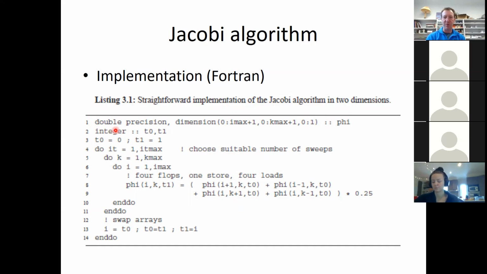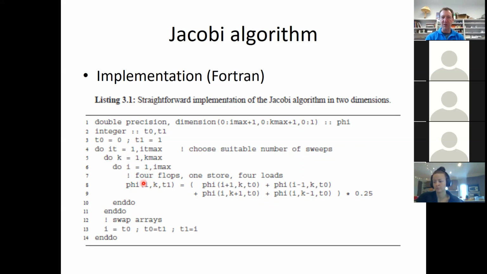Then we have some integer variables, t0 and t1, which we will use as counters. And then we have a loop over how many time steps, iterations, we perform. Then there is a double loop over k and i, which goes through all our x and y positions on our phi function.